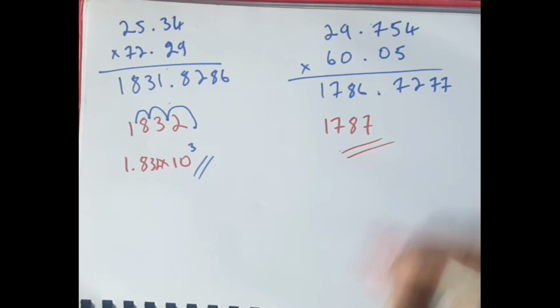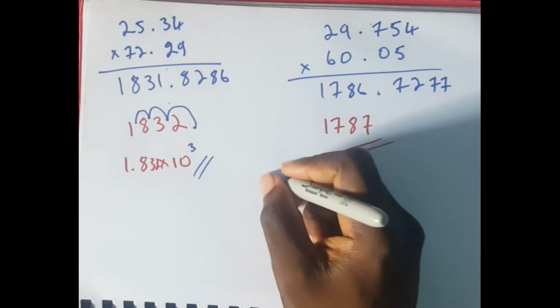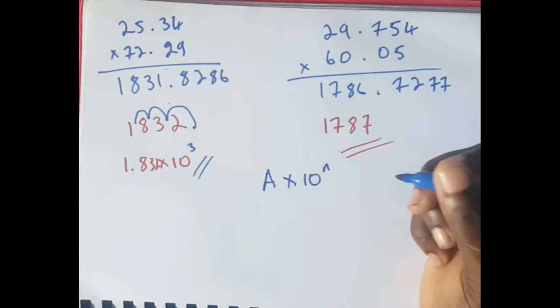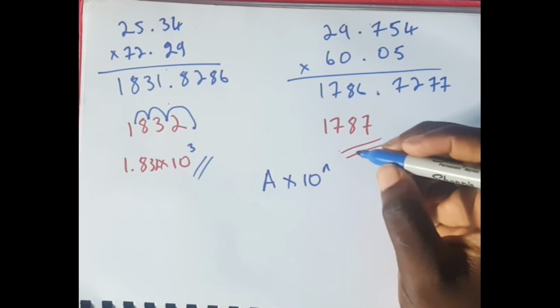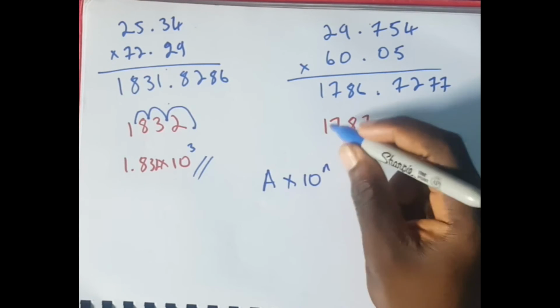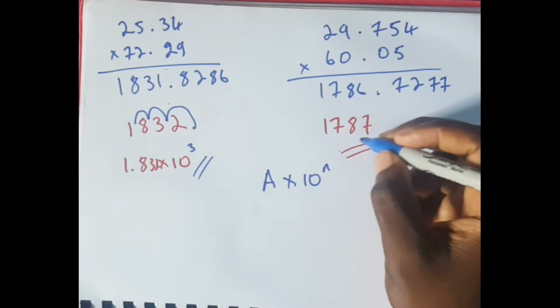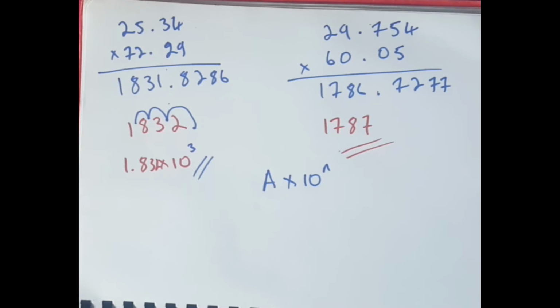And again, if I'm told to write this in standard form or scientific notation, I write first the a. Remember from the last video, a times 10 to the n, where a is a number between 1 and 10. So I'll write this in a form where it is 1.787, which is a number between 1 and 10.